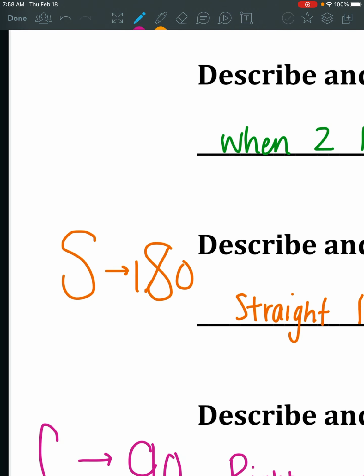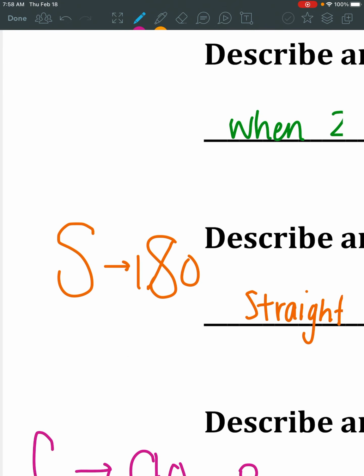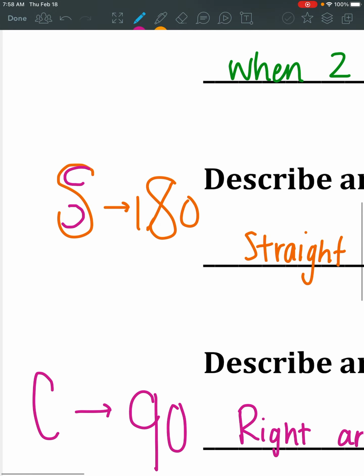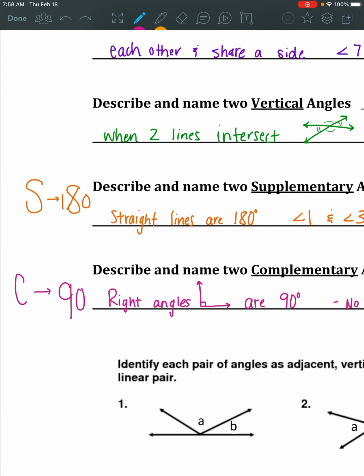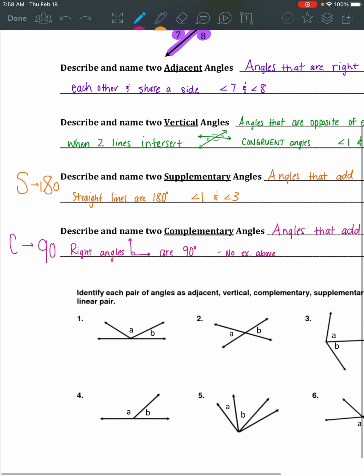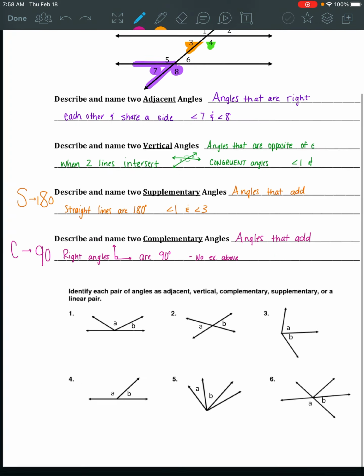I've also heard there's a C at the top of the S, and there's also a backward C at the bottom of the S, so C always represents 90. So in supplementary, that would be 90 and 90 to get 180. That's another way to help you remember, but it is important to remember that supplementary is 180, complementary is 90. Make sure you know the difference between those two.